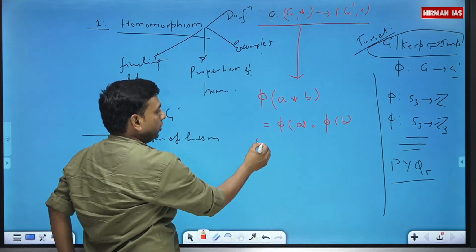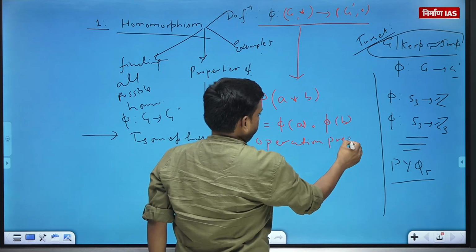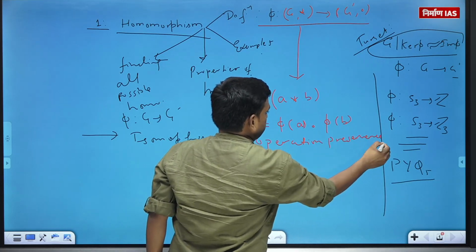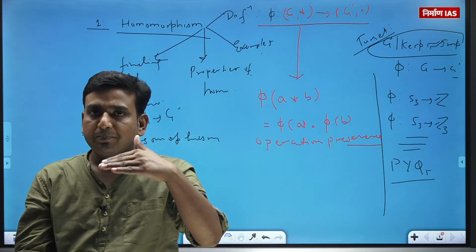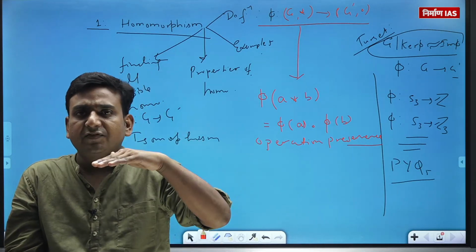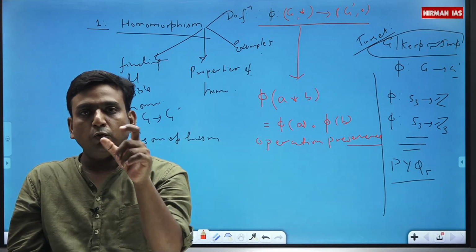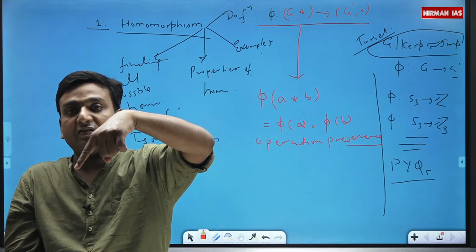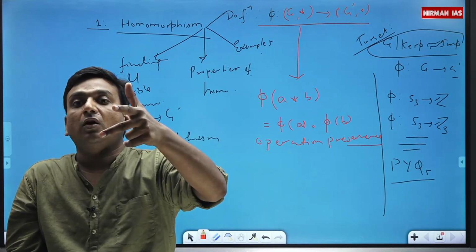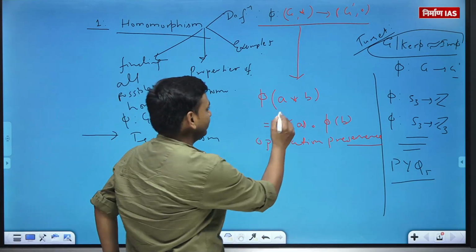This is called operation preservance. Means your map, your function, preserves the operation: applying that operation between two elements of the group, or applying the operation between images of those two elements. Is that clear? I hope.